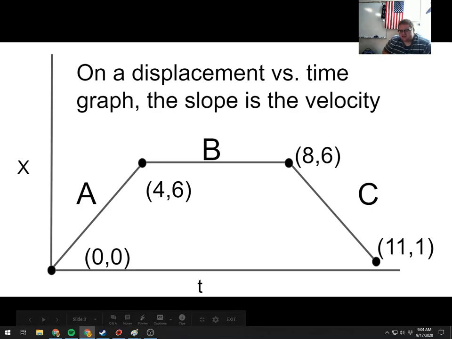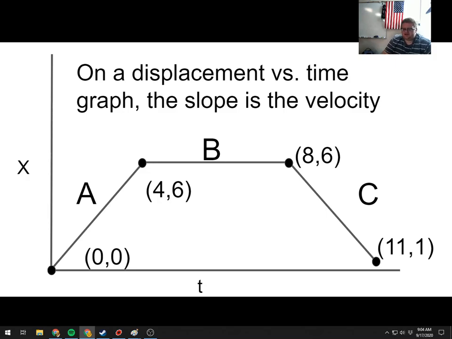So imagine you had a quiz, and the question was, what is the velocity between 4 and 8 seconds? Well, you can just look at this line here and tell already what the slope of this line between 4 and 8 is. It's got to be 0.